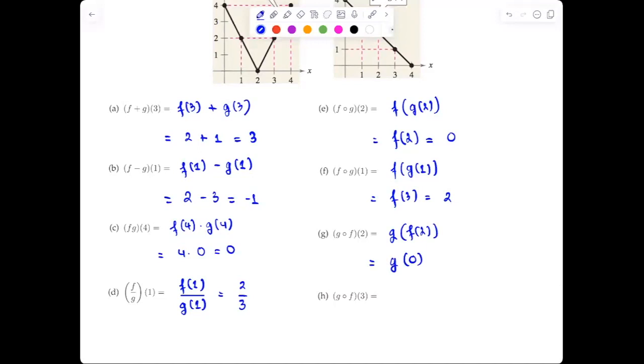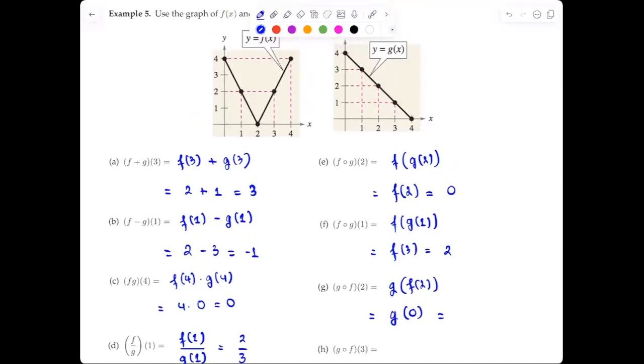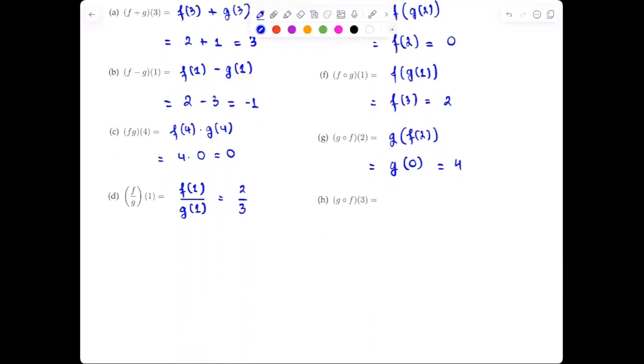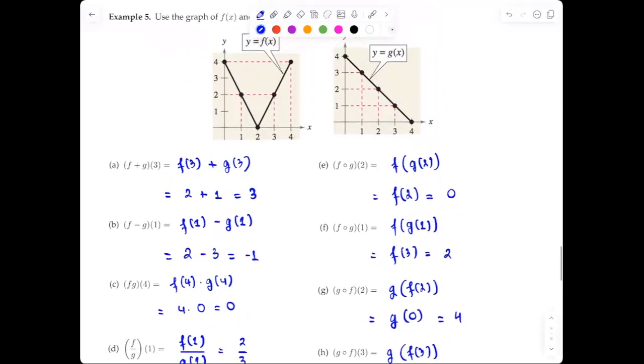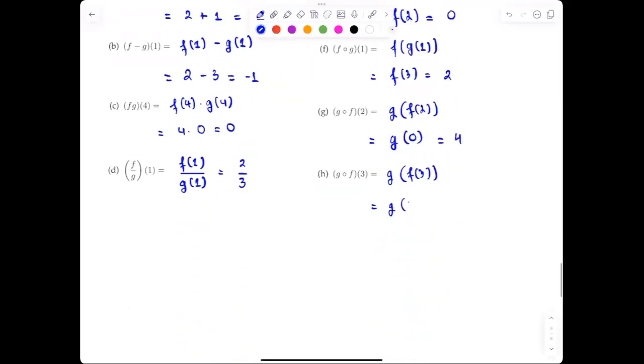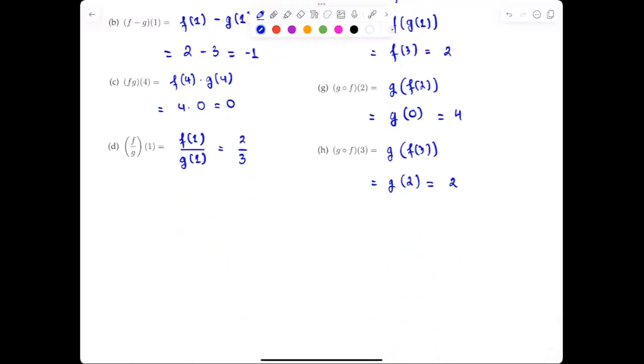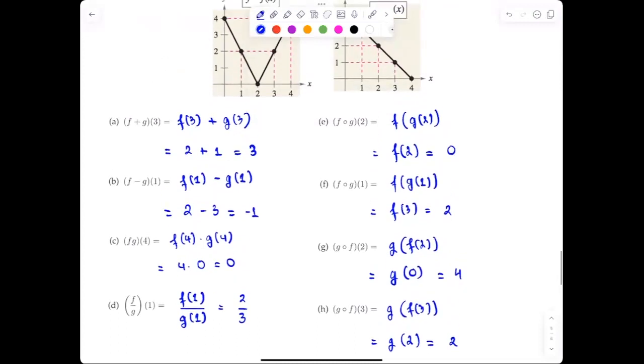So g of 0 is, what is g of 0? 4. Now g composed with f of 3, so g of f of 3. So f of 3 is equal to 2, and g of 2 is equal to 2 as well. Questions?